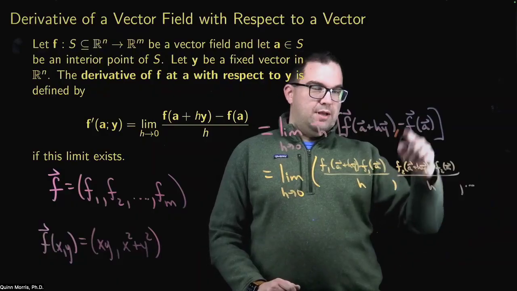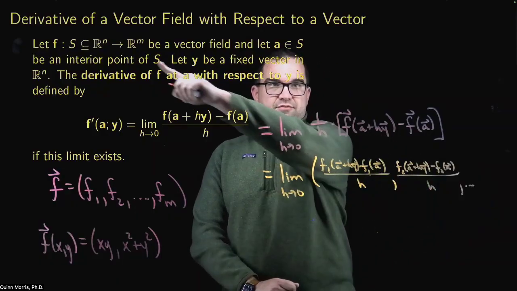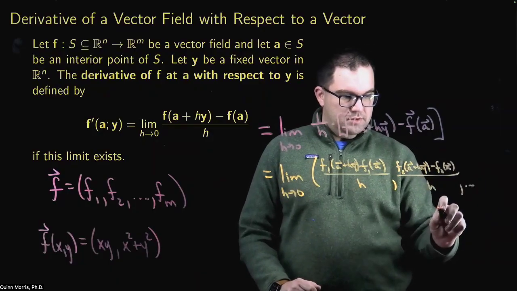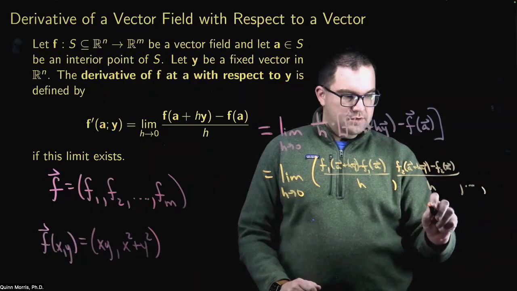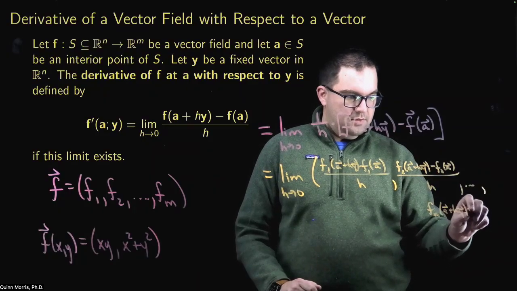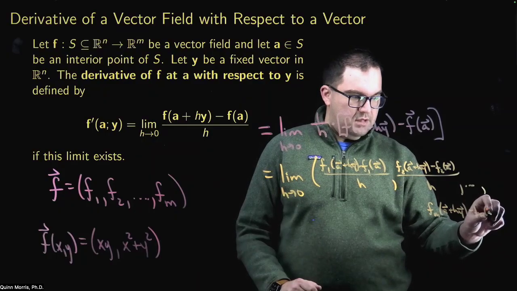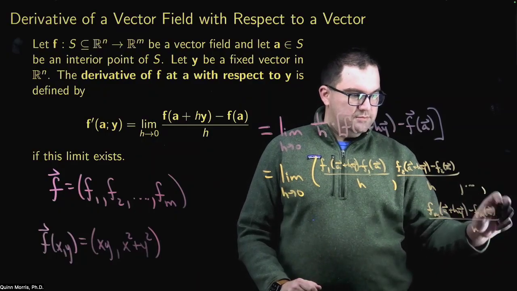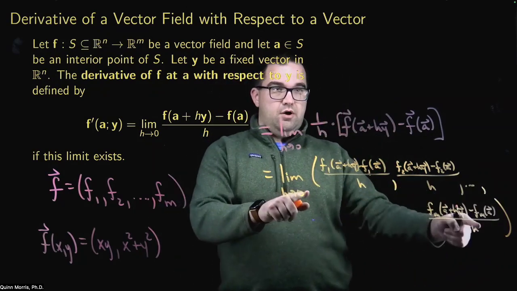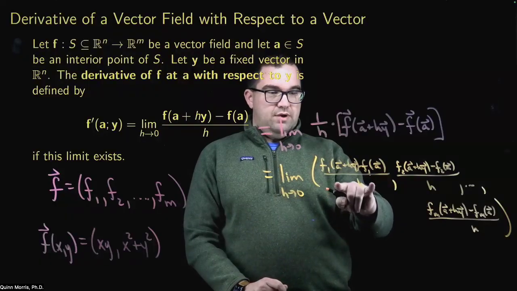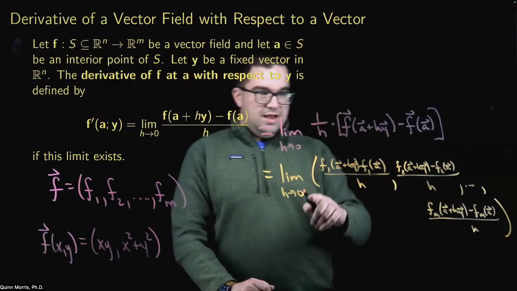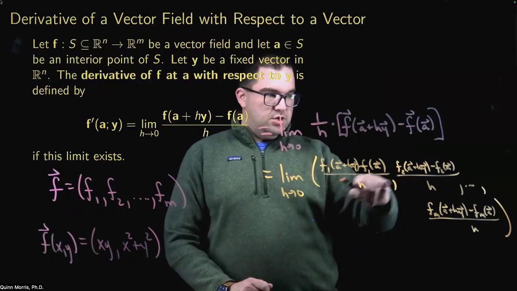So on and so on, all the way up to the mth component, because f has range Rm. So all the way up to f sub m of a plus hy minus f sub m of a, all over h. But now you're going to take a limit of this as h goes to 0. And so if I look at each of these, as h goes to 0, I'm going to take a limit of each component.